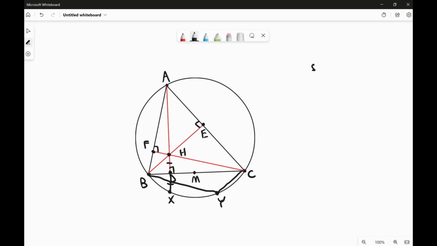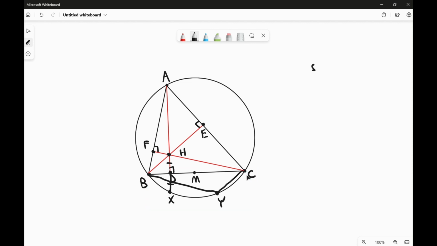So now we have that Y also appears to be on the circumcircle. So how can we go ahead and prove this? We want to somehow use the fact that HBYC is a parallelogram. So how can we go ahead and use the fact that CH and BY are parallel?